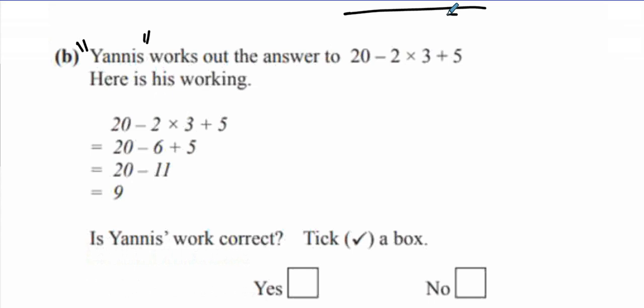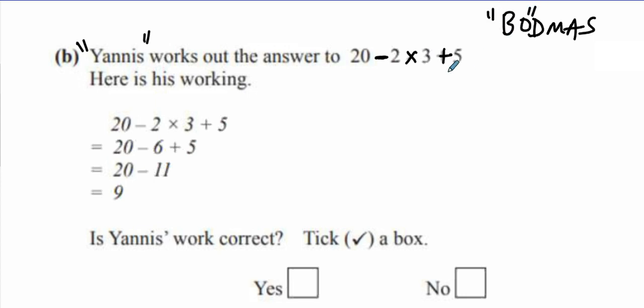Remember what I said? If you have more than 2 operations, you have subtraction, you have multiplication, you have addition, then you remember the BODMAS rule. Now according to BODMAS, you have to start with brackets, but in here we do not have brackets. There is no bracket to be opened, then we go for division.